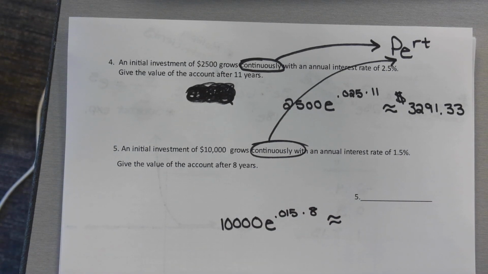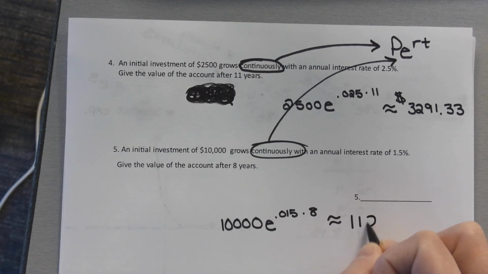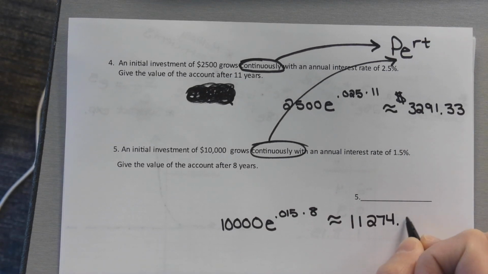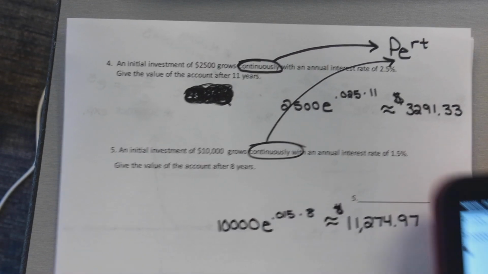So 10,000, second ln to get your E, 0.015 times 8. So I get 11,274.97. I rounded up.